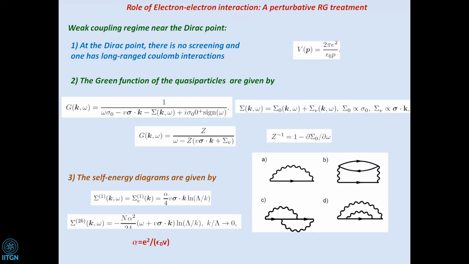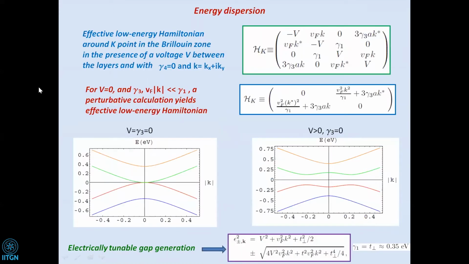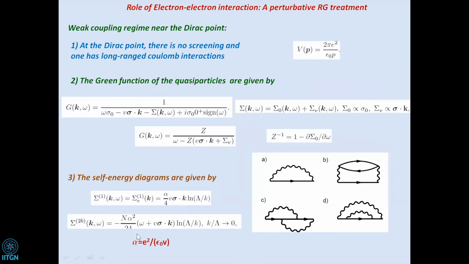Now the point is that Vf, the Fermi velocity of graphene, is roughly 1/100 of the speed of light. So this quantity alpha, which comes from this kind of consideration, essentially is, okay, I haven't written the h bar here because I have set h bar to 1 in many of these calculations, but that's what it is.